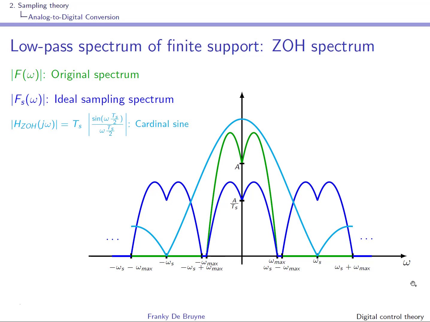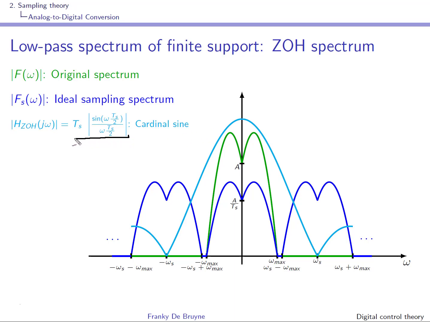So what we show next is the amplitude spectrum that is associated with the ZOH reconstruction. Remember that we have taken the Fourier transform of the impulse response associated with this reconstruction, and if you compute its amplitude spectrum, this is what you obtain here in cyan.